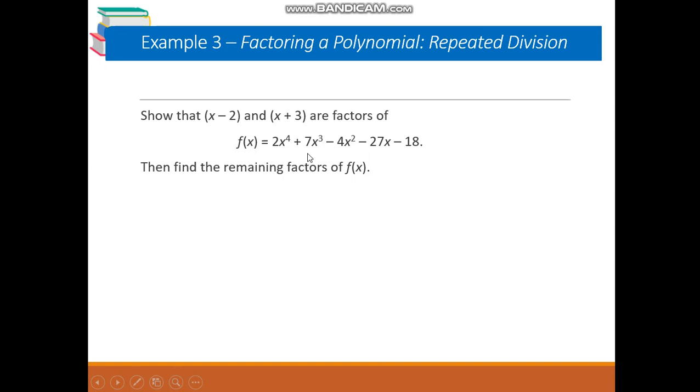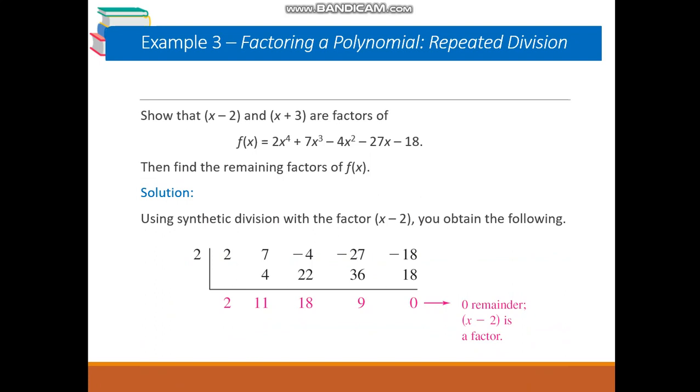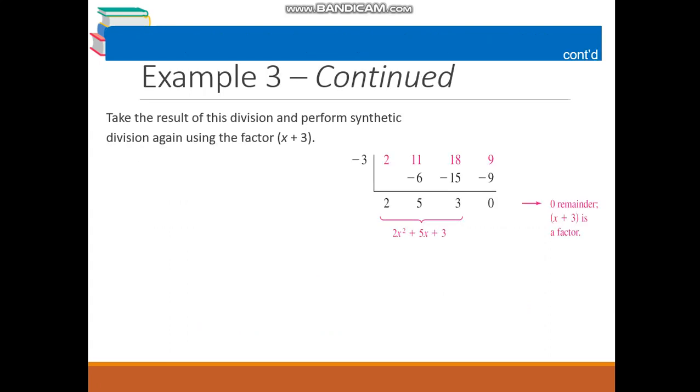So we're going to divide this by x minus 2, which is what I already did, right? We came up with 0 as a remainder, so x minus 2 is a factor. So I'm left with 2x cubed plus 11x squared plus 18x plus 9. But I can just use those same numbers.